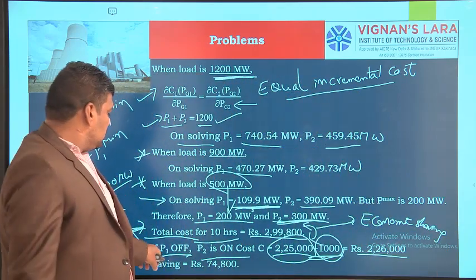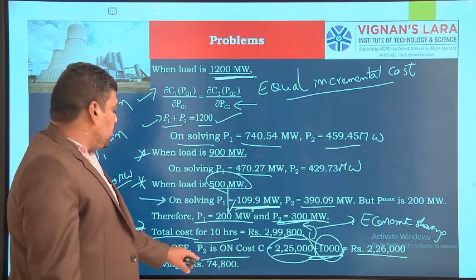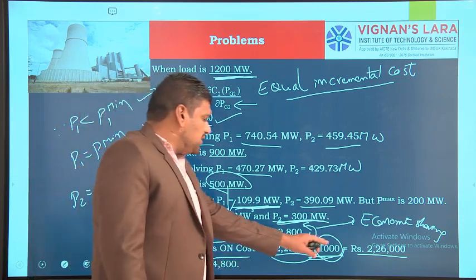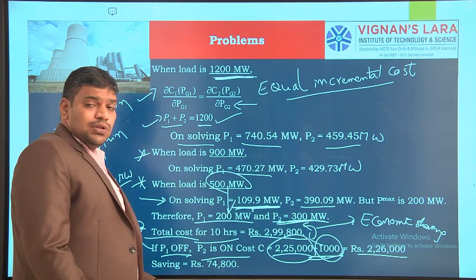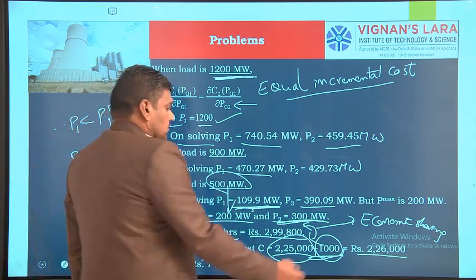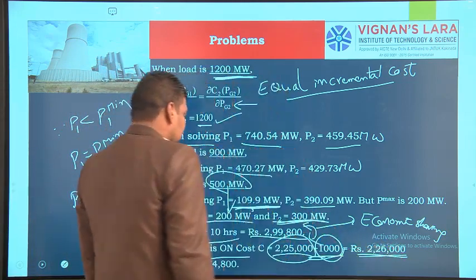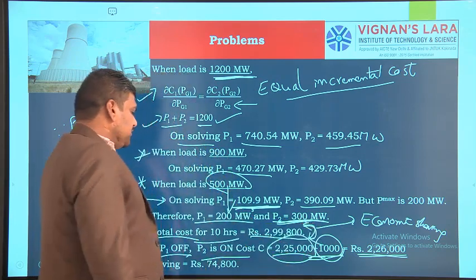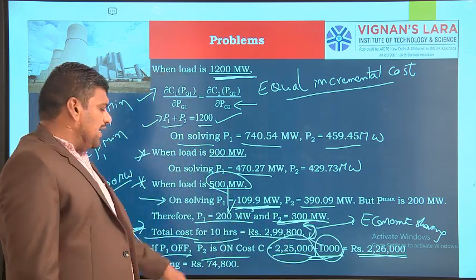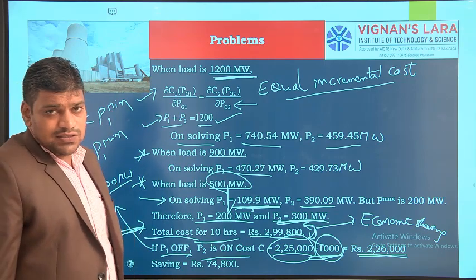And this is when P1 is off and P2 is on: total cost plus 1000 rupees, which is incurred for bringing P1 back to the on condition. The total cost is 226,000. So subtract these two, and you will get the saving as 74,800 rupees.